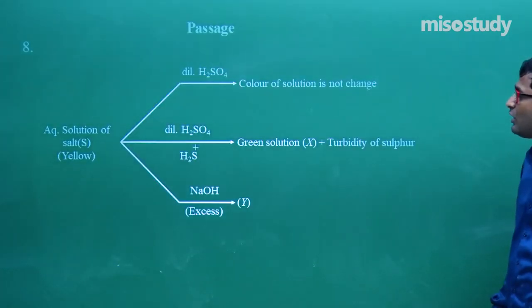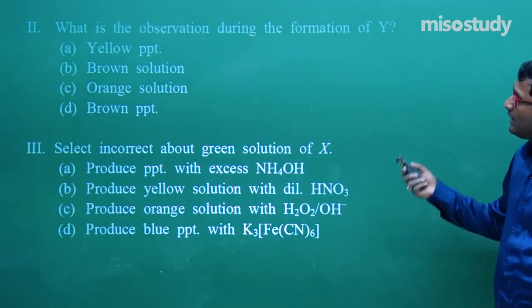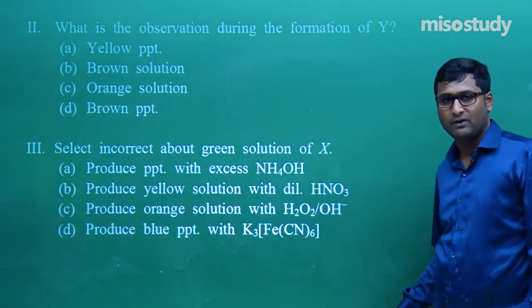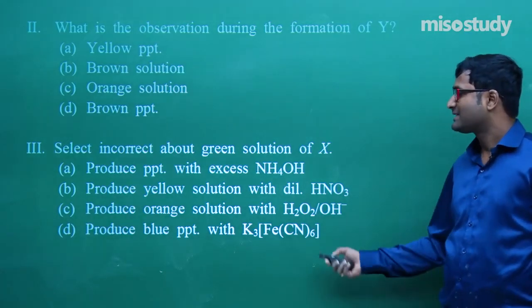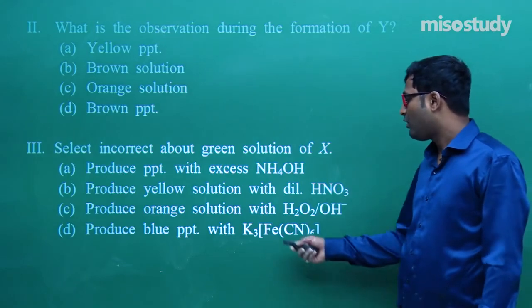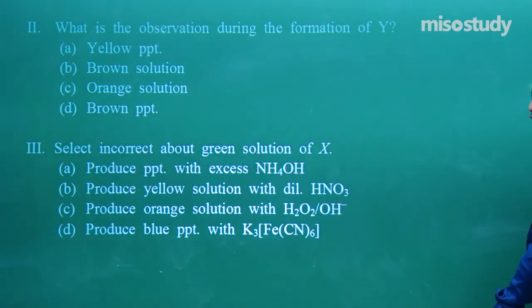Now question number 8, what will happen? Aqueous solution of salt, that is FeCl3, no color. And which observation of Y, brown PPT Fe(OH)3, that is B option. Select the incorrect statement about green solution of X: it produces orange solution with H2O2. This is the incorrect statement. Here no orange color formation takes place.